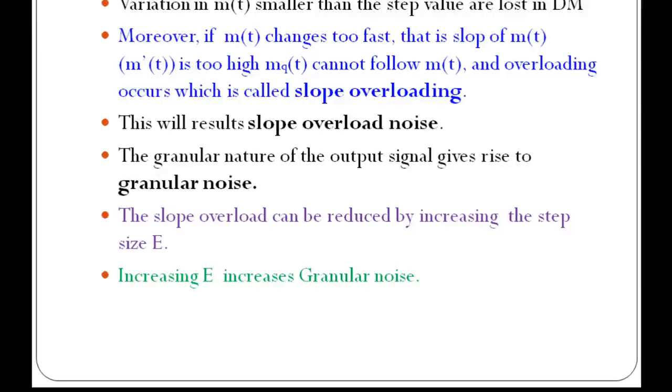Before this, we have seen that by increasing the step size we can decrease the slope overload in delta modulation.